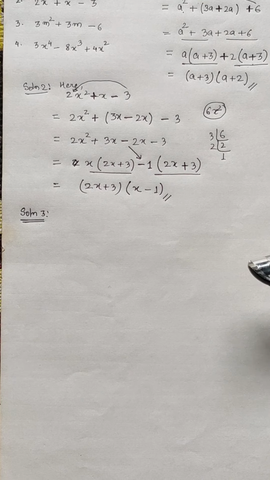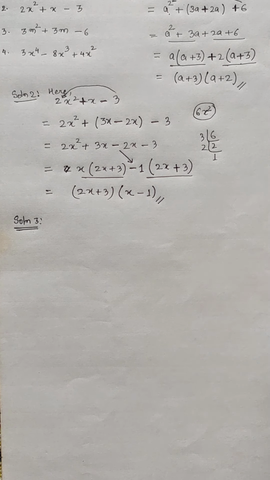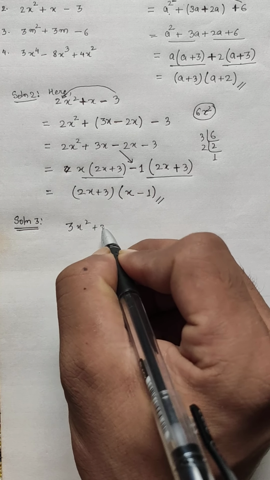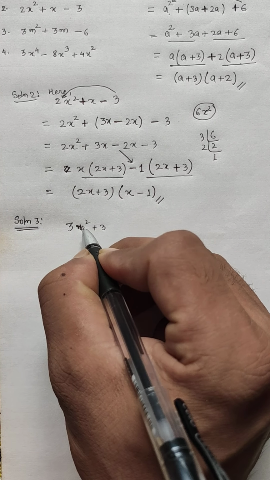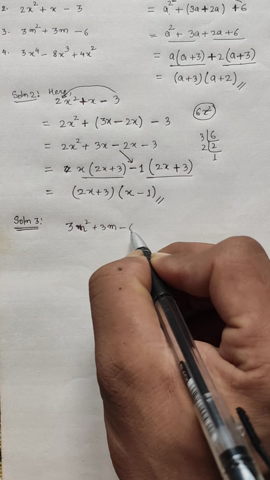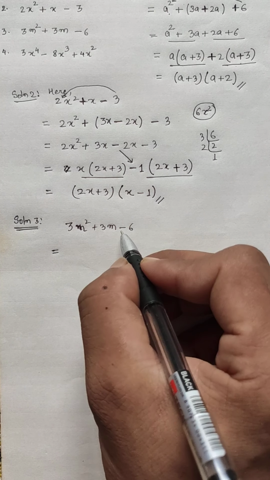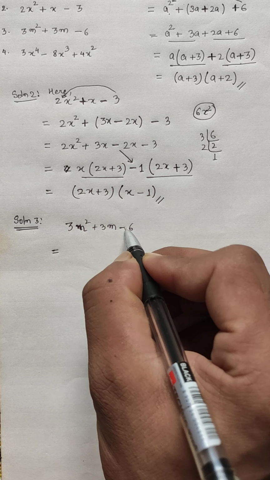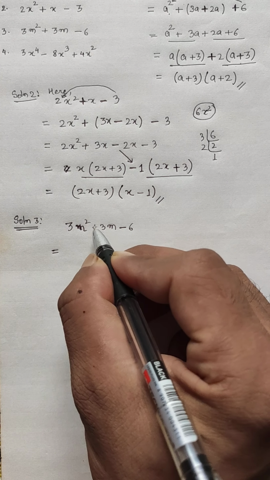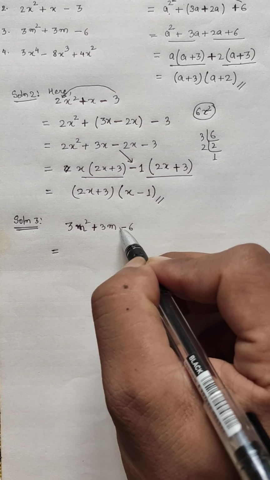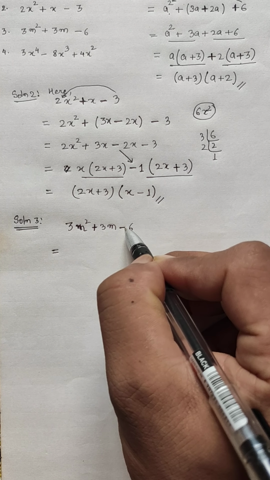Our question number 3 is similar to question number 2, and it is like 3m square plus 3m minus 6. So first thing what you have to keep in mind is the last term sign.